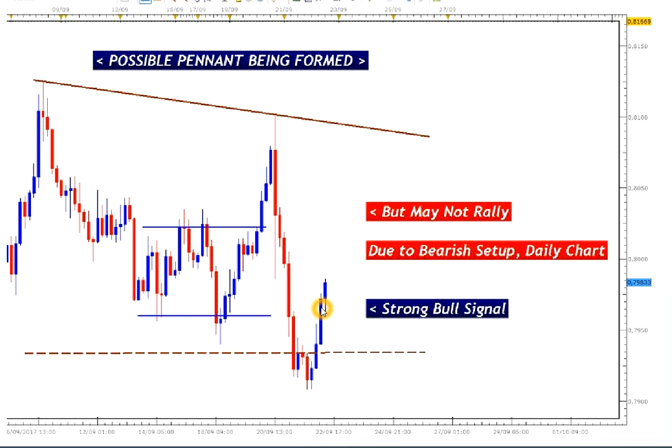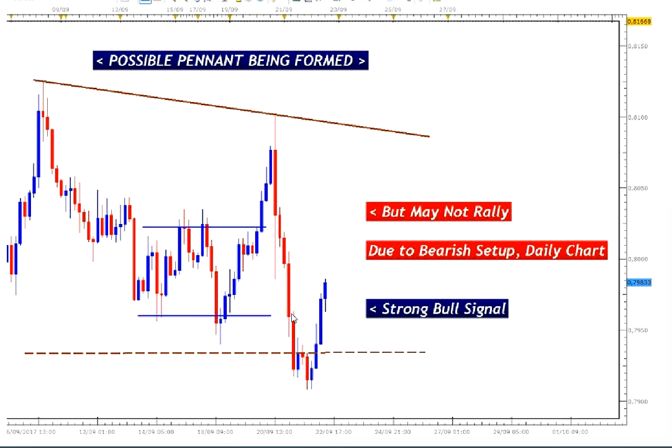So the daily chart, which is the stronger time frame relative to the 4-hour chart, was dictating that the market was more likely to move bearish, whereas the 4-hour chart was telling us that it wanted to move bullish. So anytime you see a situation in which the 4-hour chart is in conflict with what is more likely to be the scenario on the daily chart, any signal that you see provided on this time frame has a very low chance of actually providing a profitable trading opportunity.